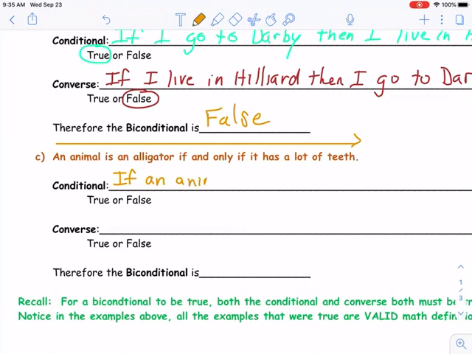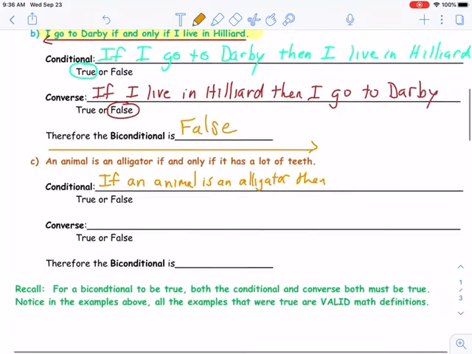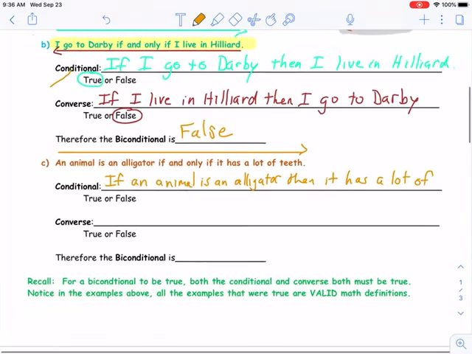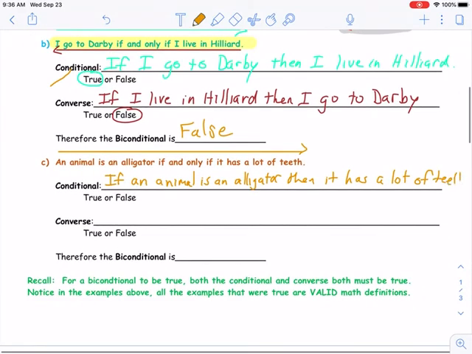If an animal is an alligator, then it has a lot of teeth. That is true. Alligators have all kinds of teeth. And you know what's scarier than an alligator? If you have free time, Google alligator, Google crocodile. Crocodiles are significantly scarier than alligators, even though they almost look the same.